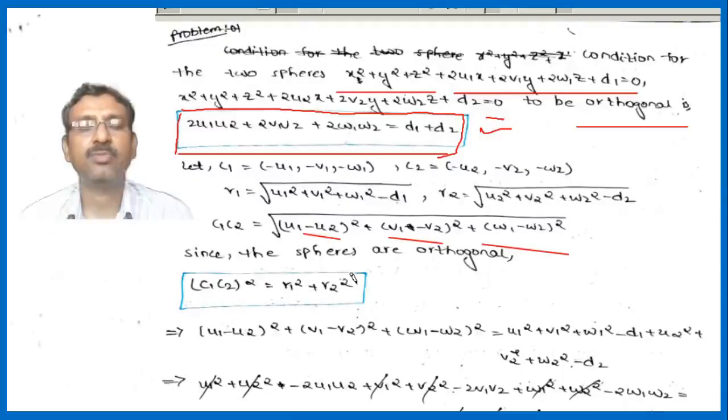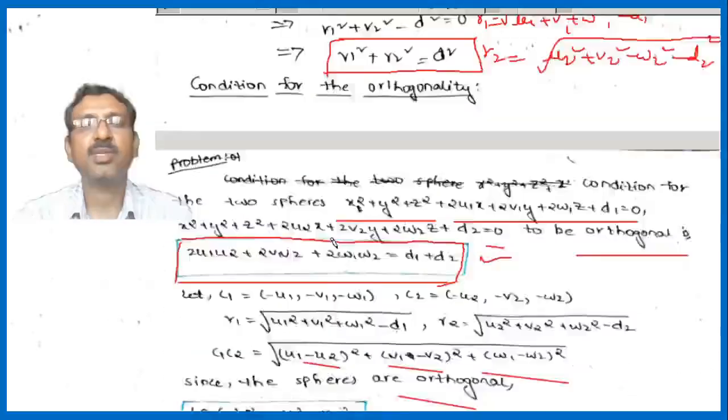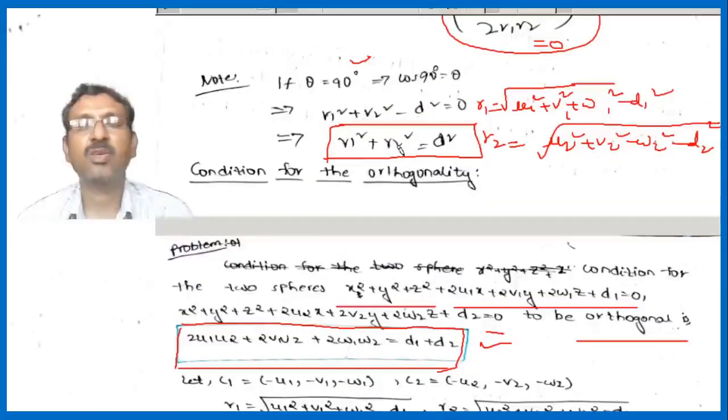Here the two spheres are orthogonal. Then from the previous result, R1 square plus R2 square equals d square, or we can write C1C2 whole square.